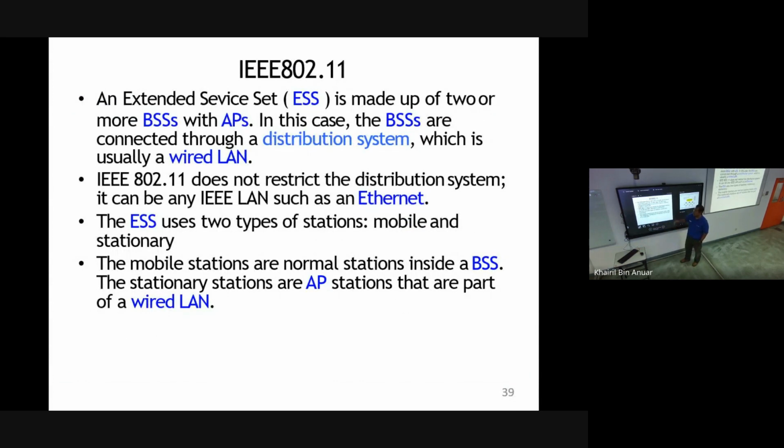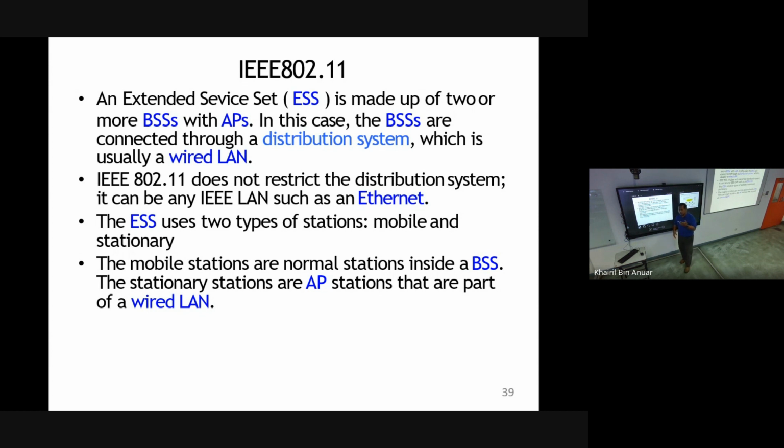Whereas the extended service set, ESS, can be made up of two or more BSS with APs. Okay, so it means they can be connected together to form a much larger network, for instance like what we have in MMU.